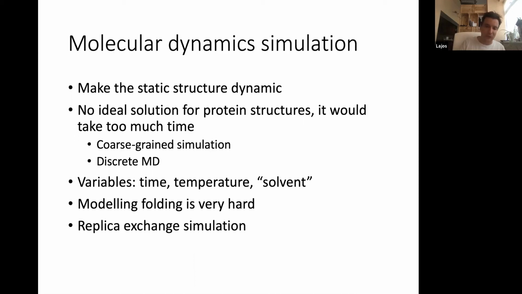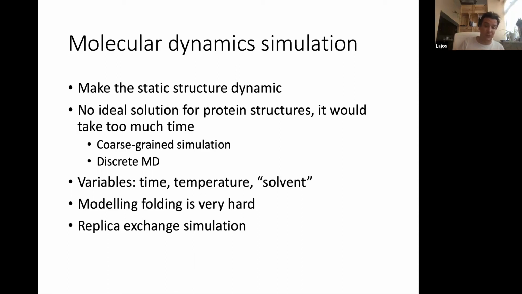So if you want to do the simulation for longer time, or if you want to make a simulation on a bigger molecule, you have to do some kind of compromise, and you have to decrease your reliability in a way. The two main things you can do is, one is the coarse-grained simulation, when instead of simulating all the atoms, you are actually making beads.